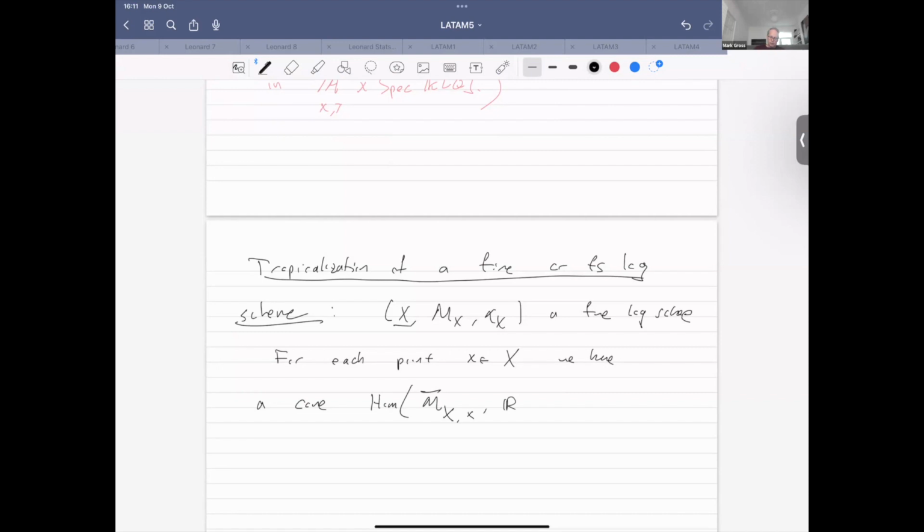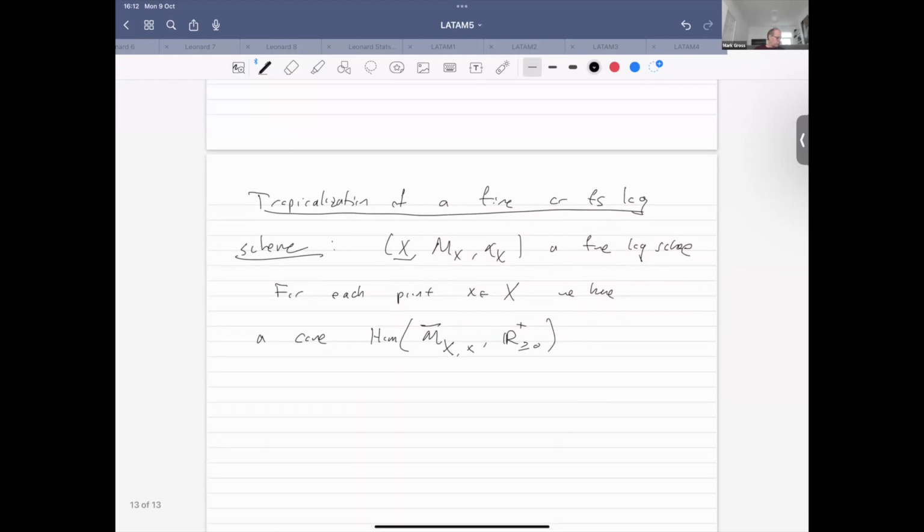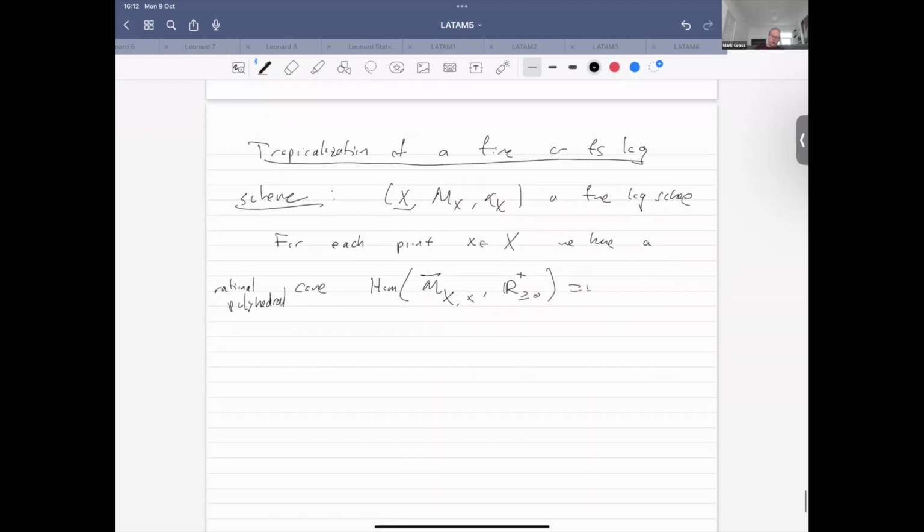I take monoid homomorphisms from M bar_{X,x} into R greater equal to 0, where this is the non-negative real axis with the monoid modeling addition. So this is just a cone. Well, I should say we have the rational polyhedral cone, which I'll call sigma_x.